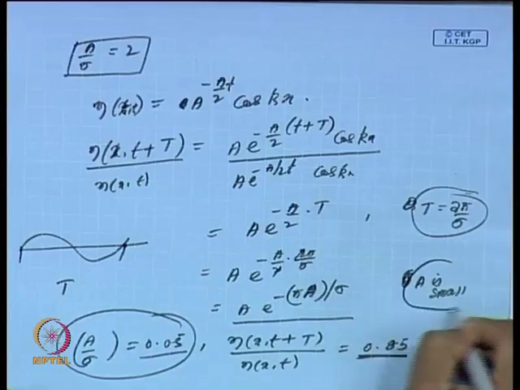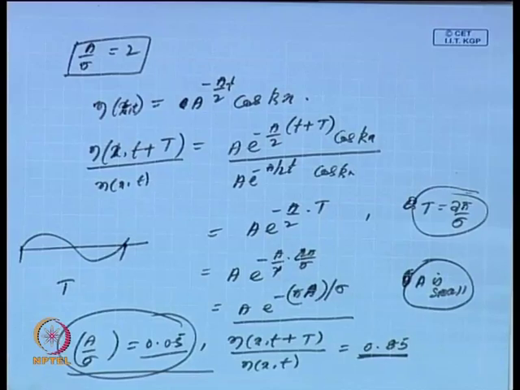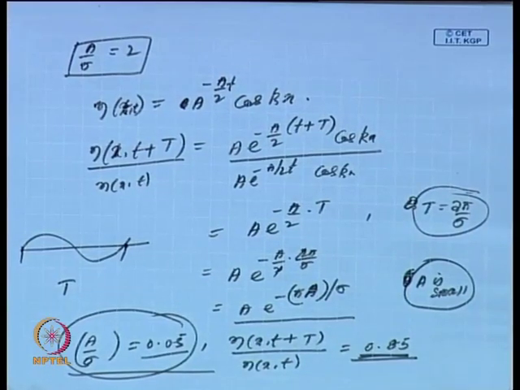Even if a is small, that contributes significantly to the reduction of the amplitude of the wave when there is a bottom friction, because over one period it is reducing by 15%.